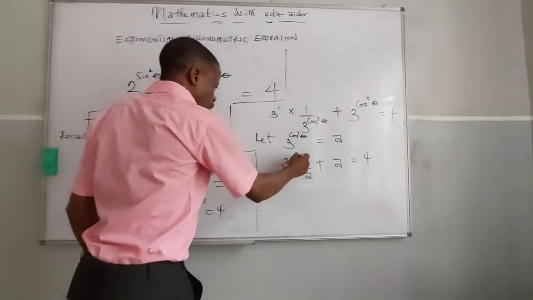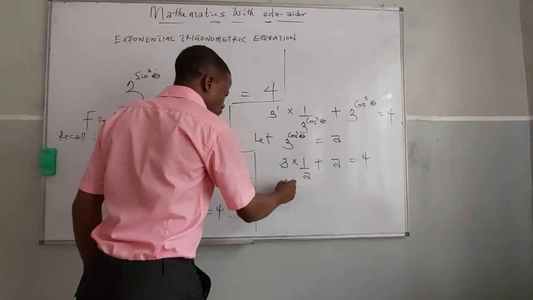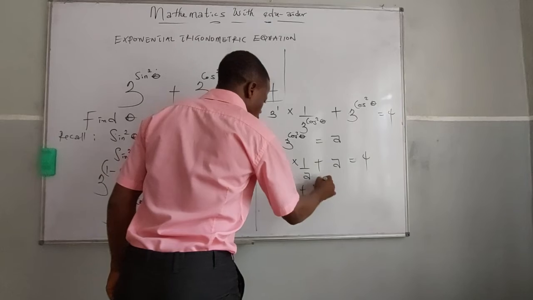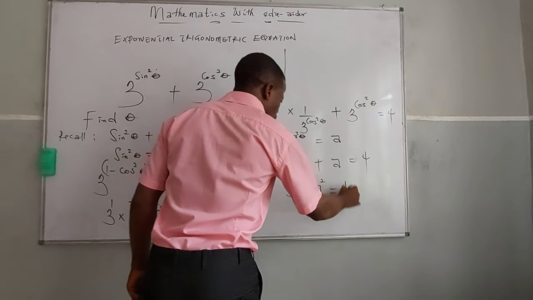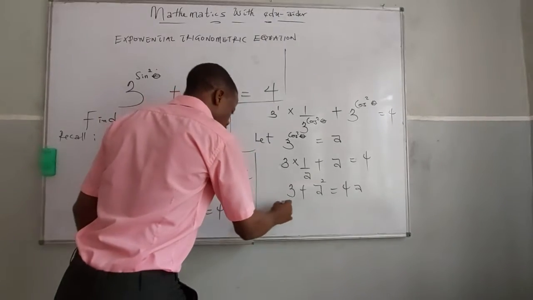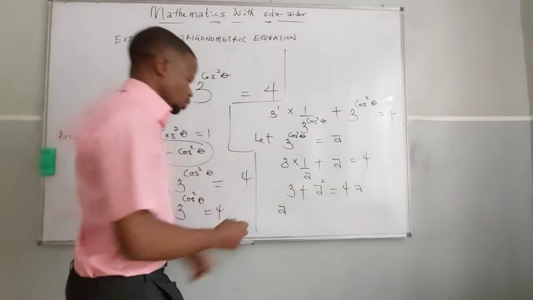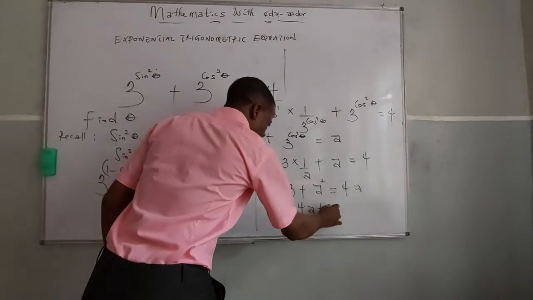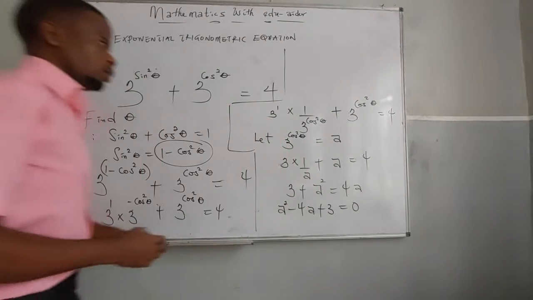We're going to have 3 plus a times this gives us a squared, and that is equal to 4 times a, 4a, right? So bring this, we have already a quadratic equation. a squared minus 4a plus 3 is equal to 0, right?